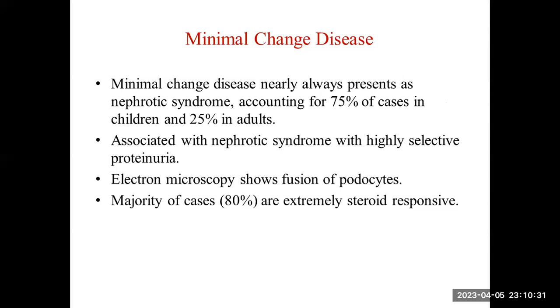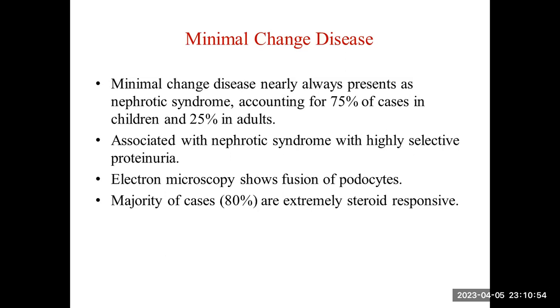But there are situations in which you can detect some underlying cause, some secondary causes. In minimal change disease, the condition is almost always idiopathic, but there are some associations, some secondary conditions which can be linked to minimal change disease. For example, it's associated with certain types of malignancies like lymphoma and thymoma.